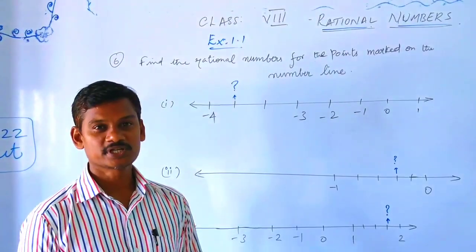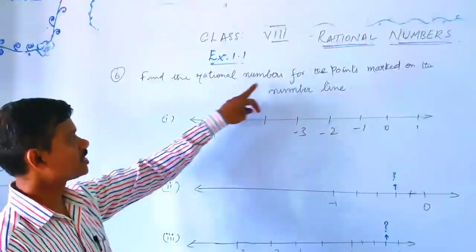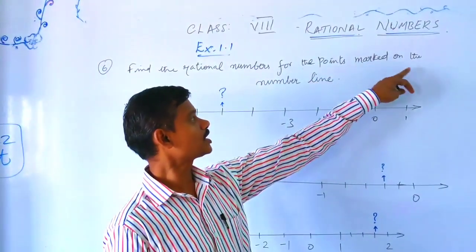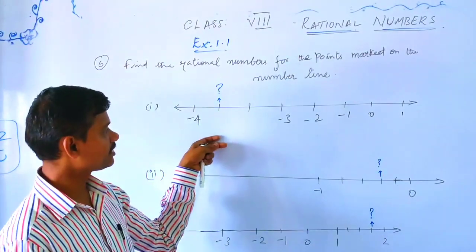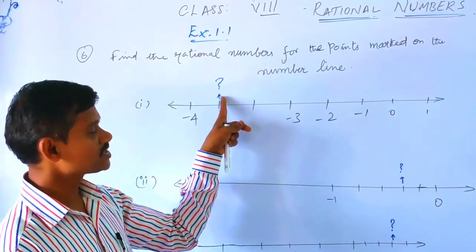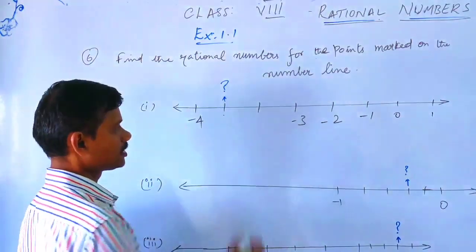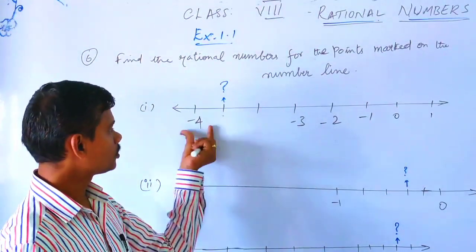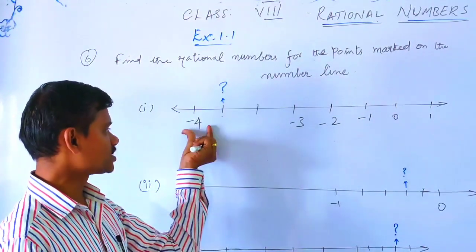Okay, on the continuation of the fifth sum, we will move on to the sixth sum. Find the rational numbers for the points marked on the number line. Here in your question, the number line is given and the mark is given on the number line. We have to represent this number. Here you have to look at the number. It lies between minus 3 and minus 4.